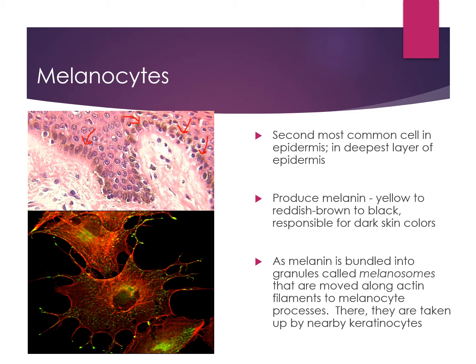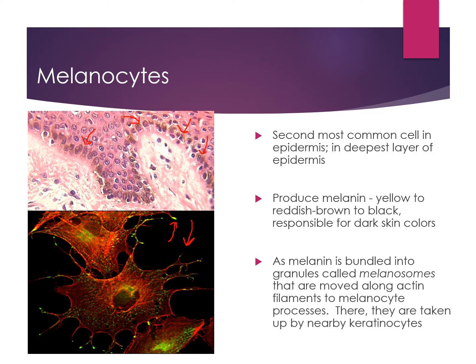In this bottom image, you'll see melanocytes, but this image is from a fluorescing microscope. Here, we can see that melanin is bundled into granules called melanosomes, and they've been stained green.